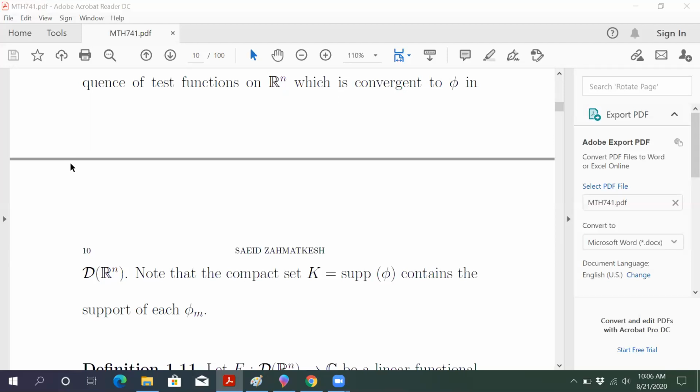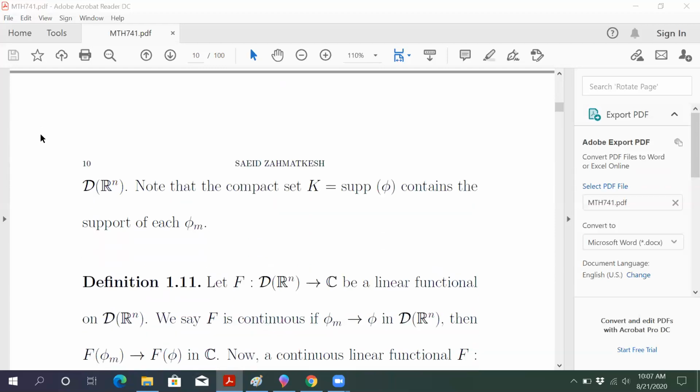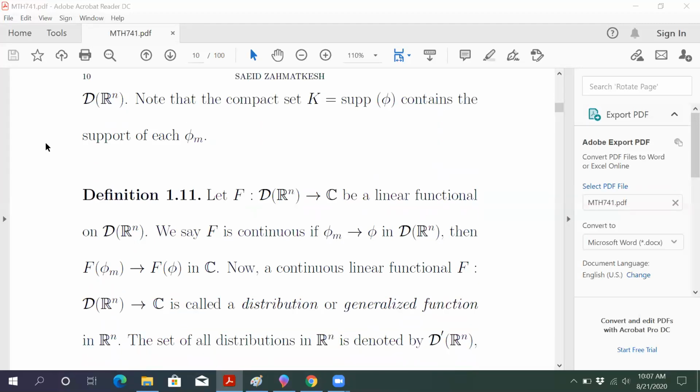So next we are going to define the distributions, which are actually continuous linear functionals on the test function space.